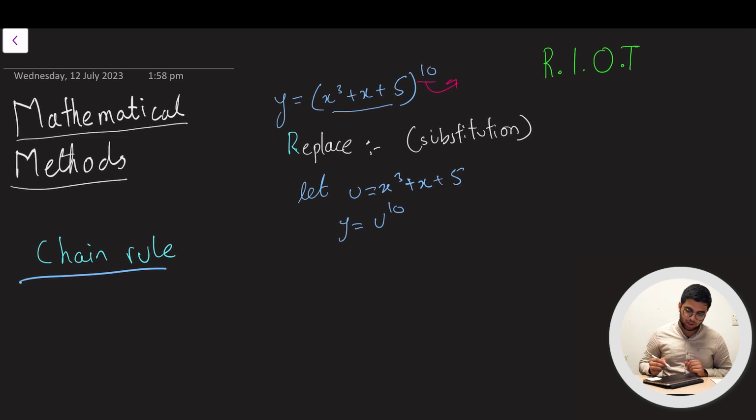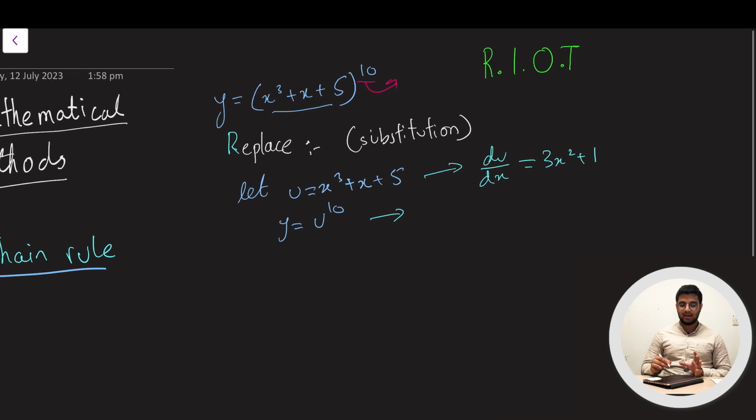Now we have two functions: u in terms of x, and y in terms of u. We're going to differentiate both of them. We'll do this one first, du on dx. The derivative of u with respect to x is 3x squared plus 1.